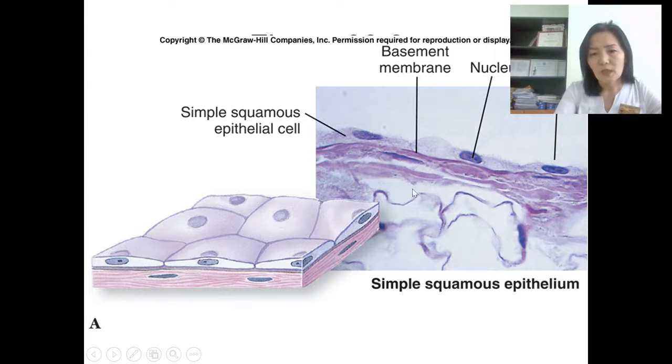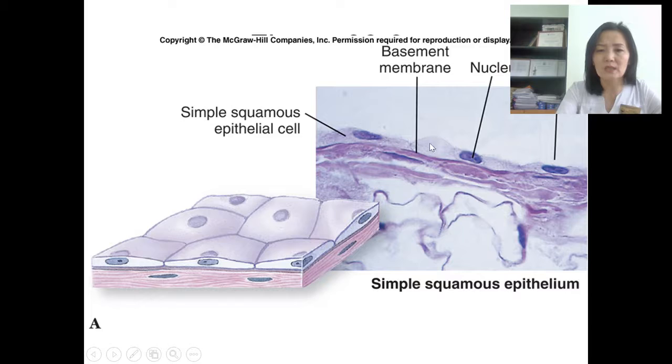Example. In this picture, we can see simple squamous epithelium. Only this part is epithelium, because if you remember, we said that each organ of our body consists of different tissues. This part is epithelium, but this part is connective tissue. We can see here simple epithelium.